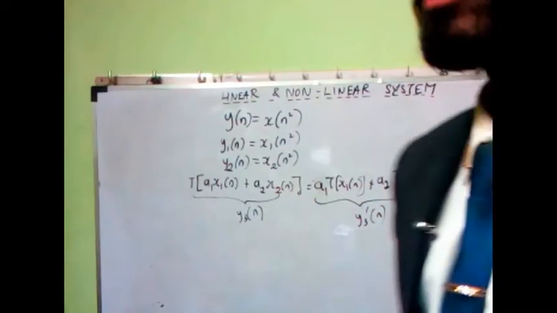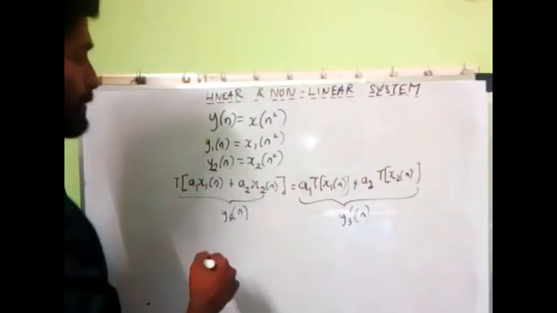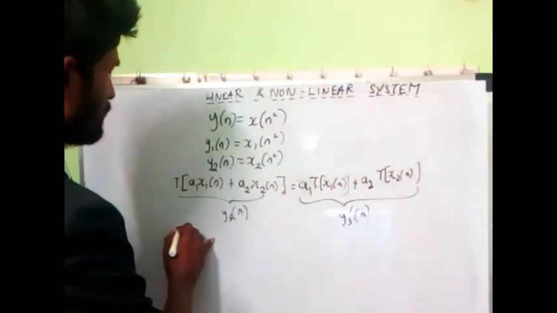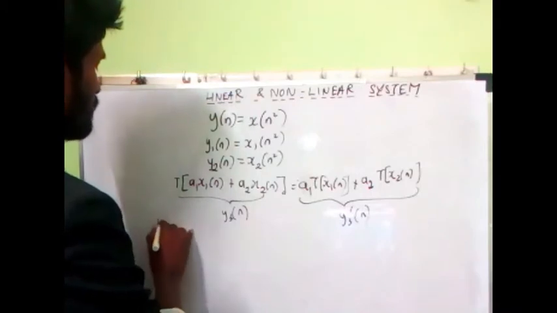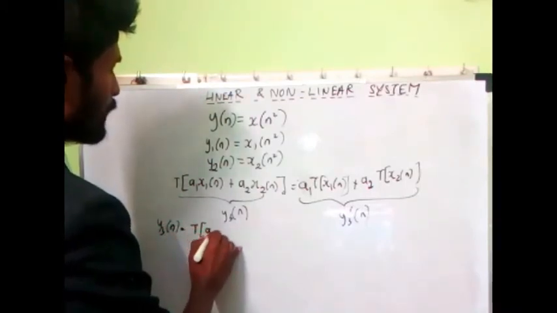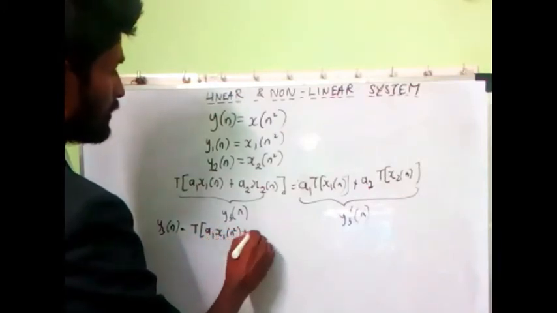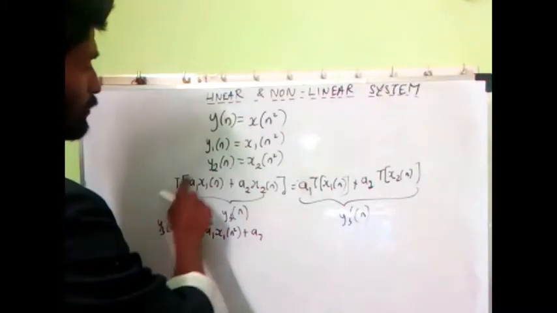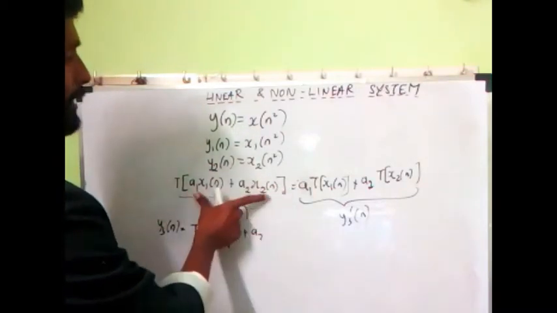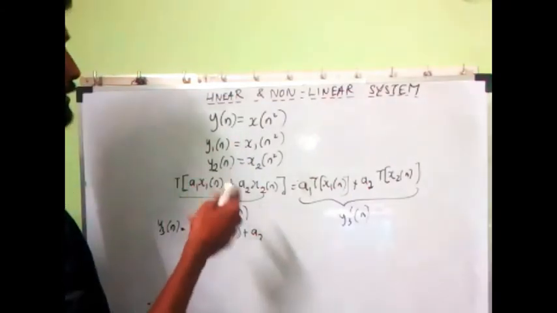So now I get y3 of n. I hope everybody can see the board clearly. Now look here, we take y3 of n. So y3 of n is equal to T of a1 into x1 of n square plus a2 into x2 of n square. Look here, this whole thing is about x, right? So I'm going to write it in separate form.